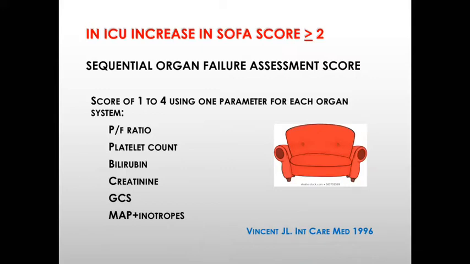It's a very old, very simple score, using just one parameter for each organ failure. But what's useful about the SOFA score is that it predicts mortality quite accurately in individual patients. So a patient whose SOFA score is going up has an increased risk of dying, and a patient in ICU whose SOFA score goes up by 2 or more points may have a new source of infection and be developing sepsis.